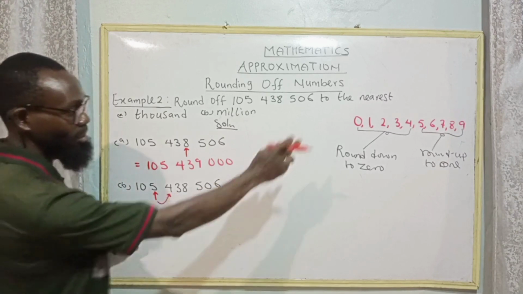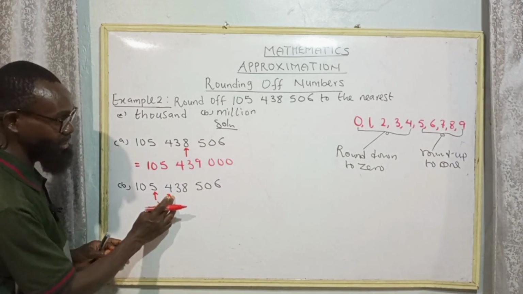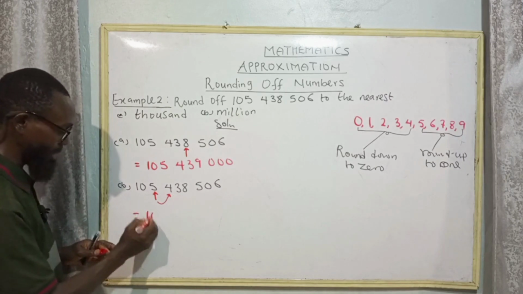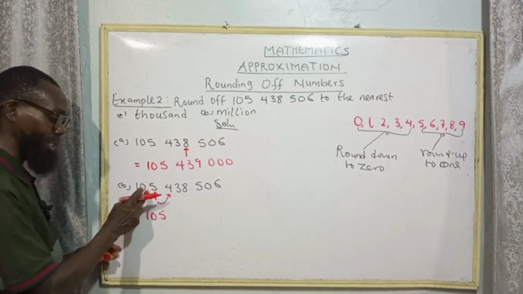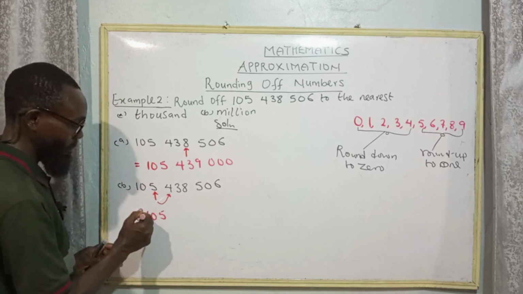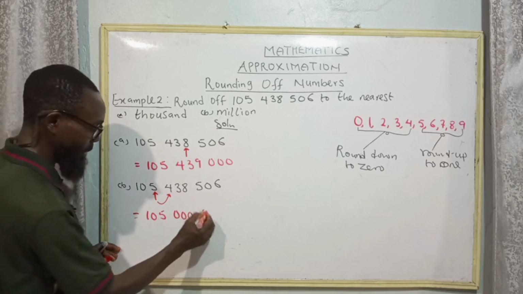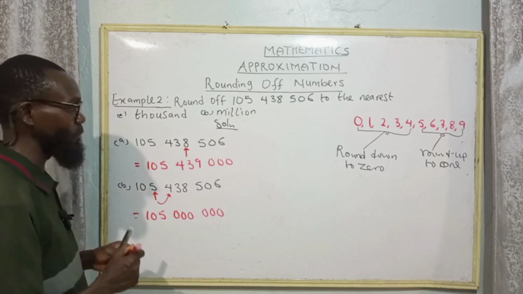Digit 4 is between 0 to 4, so you round down the 4 to 0. So finally we have 105, because this 4 is not up to 5, so it's not adding to this. So we have 105,000,000. This is 105 million to the nearest million.